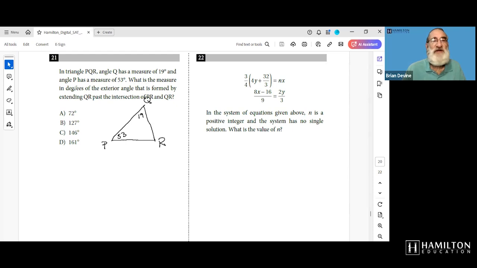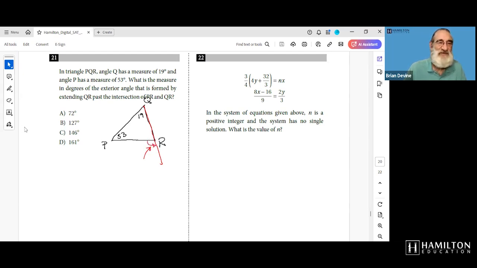And what is the measure in degrees of the exterior angle by extending QR past? So I've got to extend, and so I'm extending this side past that intersection. So they're talking about this angle right here. What's the measure of this angle?